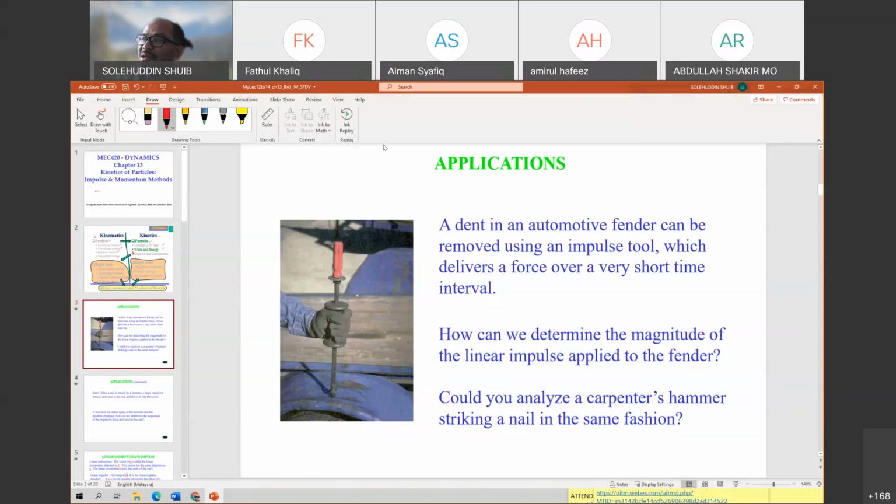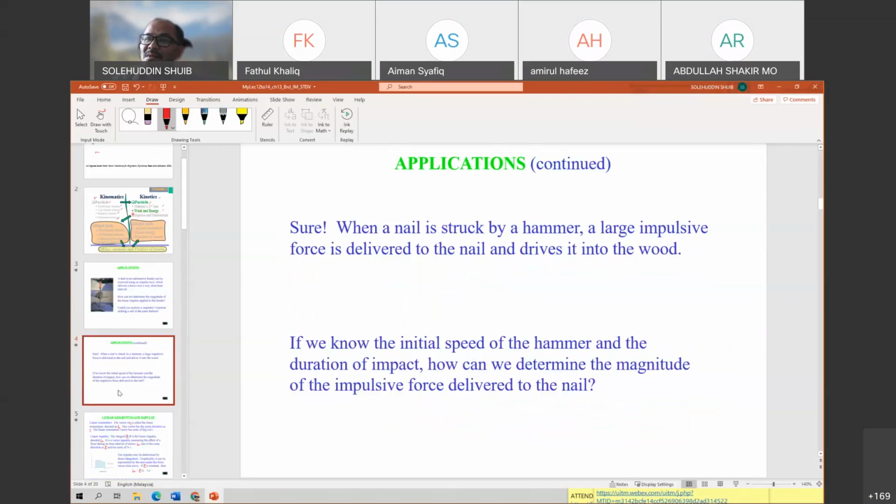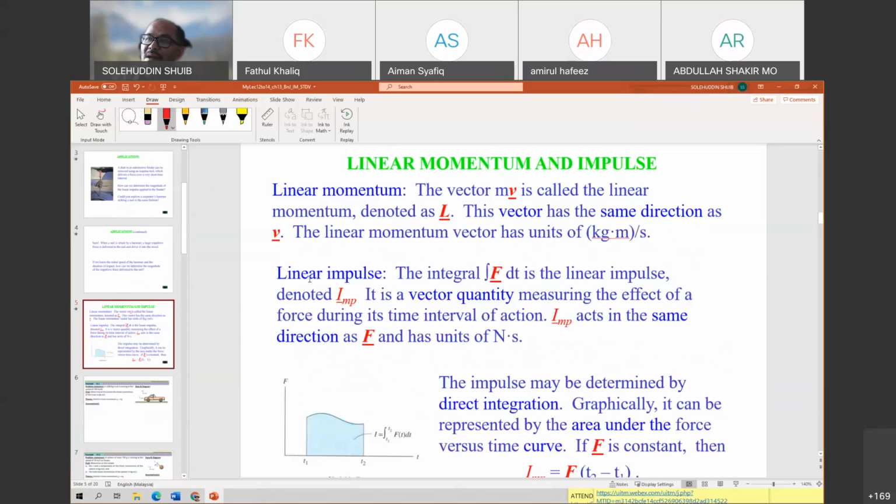So the issue here is how can we find the magnitude of the linear impulse applied to the fender? And secondly, how could we analyze a carpenter's hammer striking a nail? These are the things that we are going to look into.